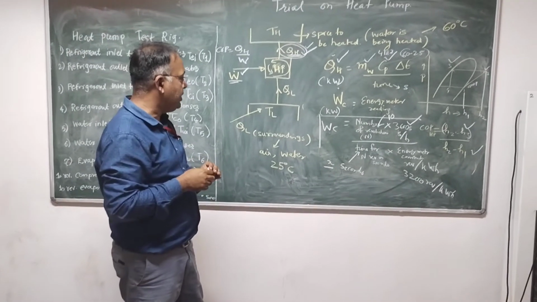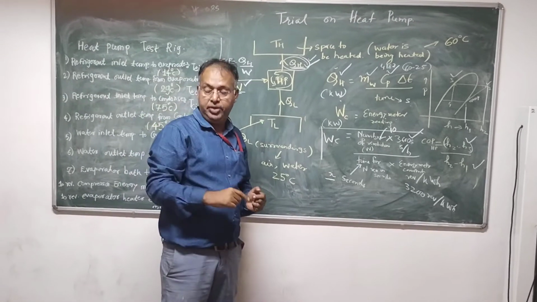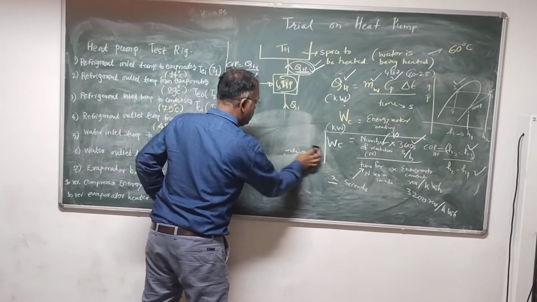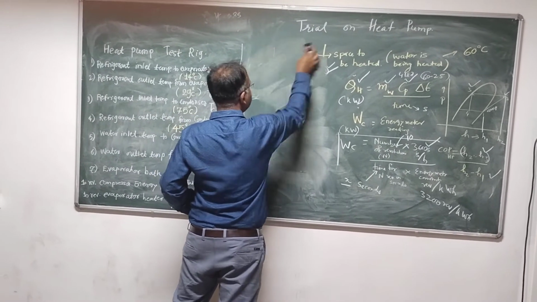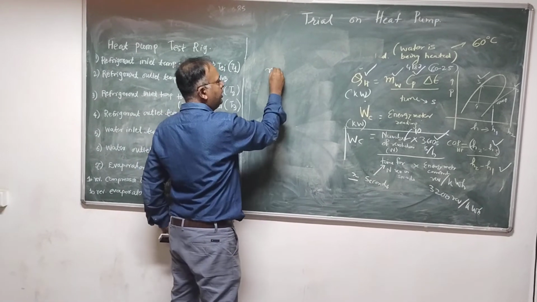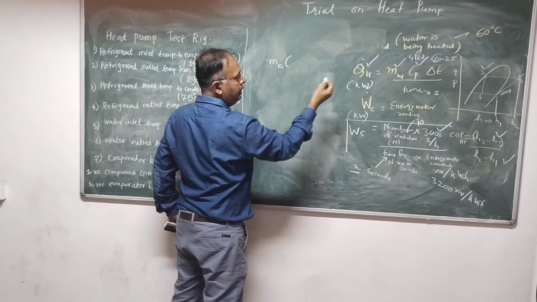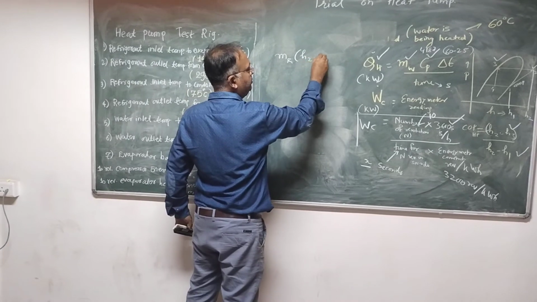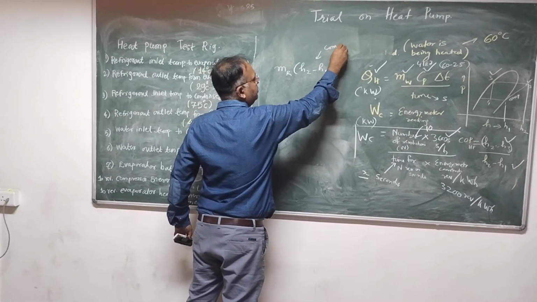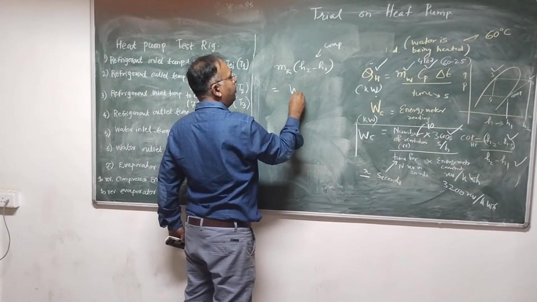One more important thing is why are we measuring the mass flow rate of the refrigerant? If I want to use the mass flow rate of the refrigerant in the calculation, that is very simple. If I multiply it with H2 minus H1, which is the enthalpy difference across the compressor, that becomes my compressor power.